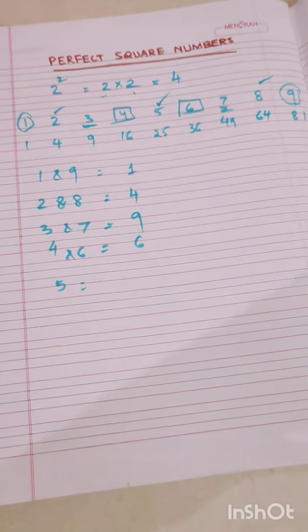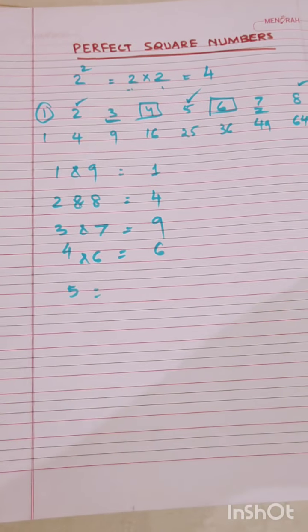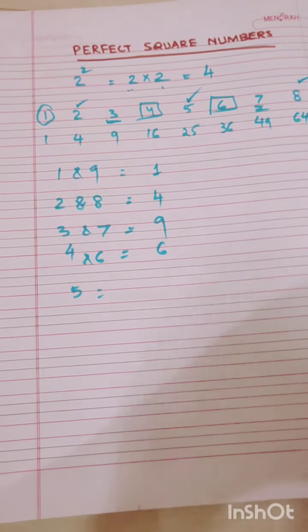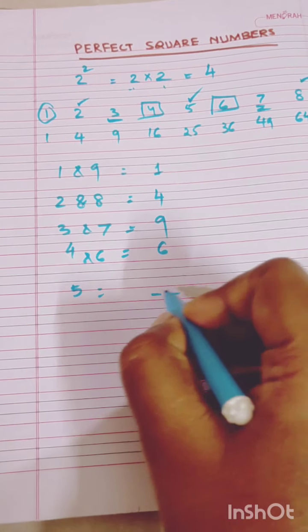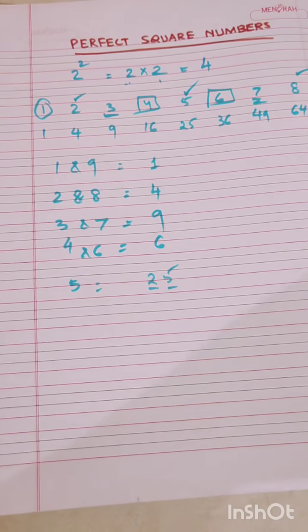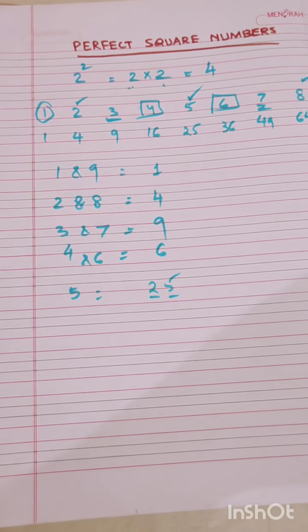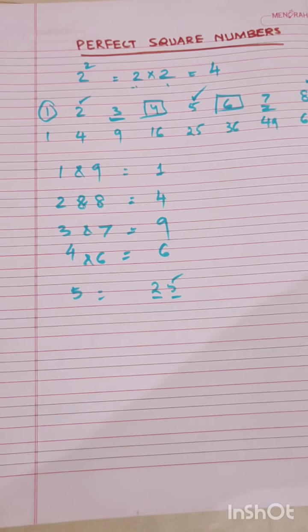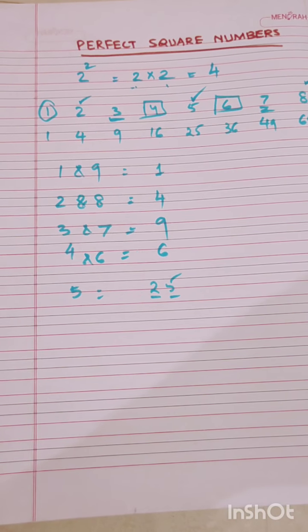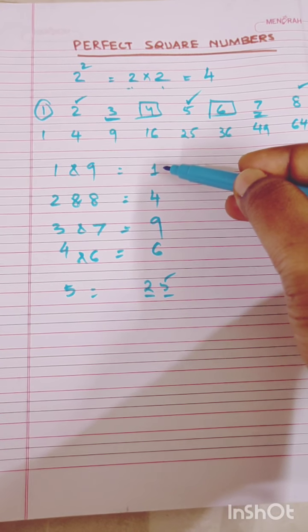Whenever you see any number which has 5 in the units place, or is ending with 5, always remember the last 2 digits of its square will be 25. Okay, so that's the overall trick so far. Any number which ends with 1 and 9 will have a square with 1 as the digit in the units place.